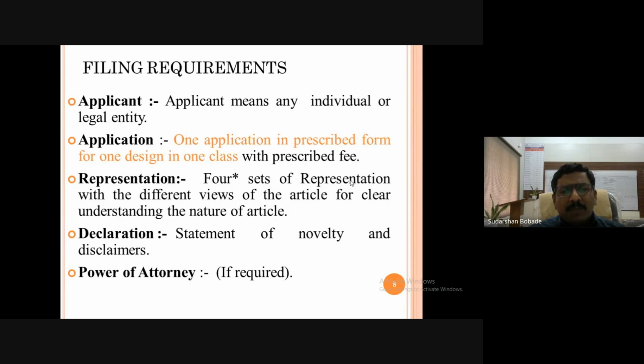Likewise, I am supposed to go for the views for that only one single object in that particular form. So there should be different applications for different objects.